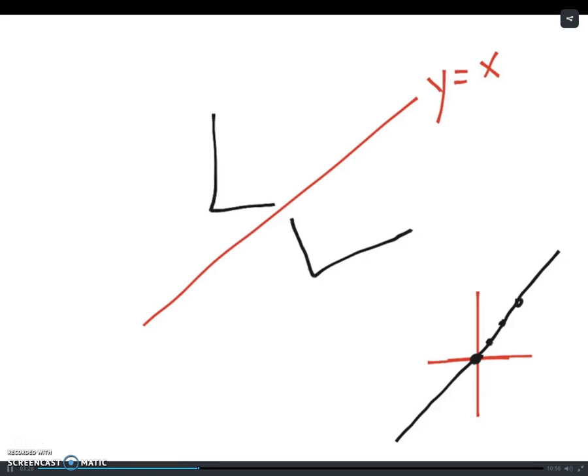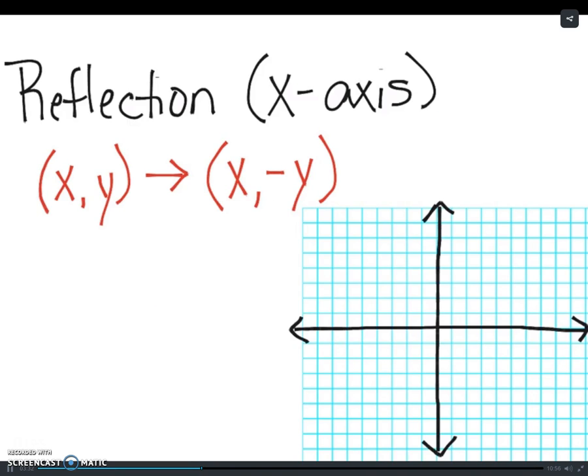Okay, so let's talk about this with actual pictures on a coordinate plane. What I have written in red here is your formula. So if we were graphing just a point, and I want to reflect this point, we call it point A, across the x-axis, I have to first of all find my coordinates.